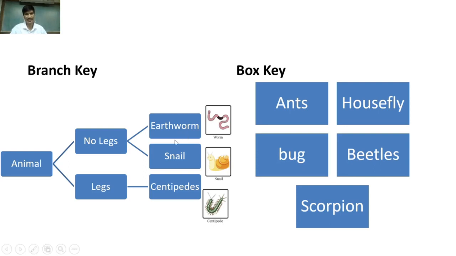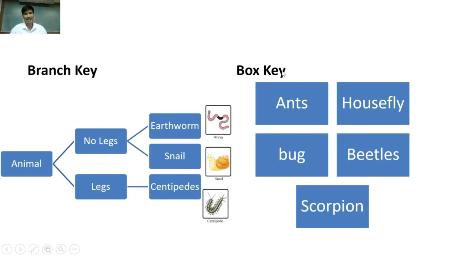Where legs are absent, there is the earthworm, and in the earthworm we observe the absence of legs, but they are cylindrical in shape. Then the snail, again with absent legs, but with the presence of a sole. Similarly, for legs, we take one example, the centipede, and here we observe that many legs are present in the centipede. This is the example.